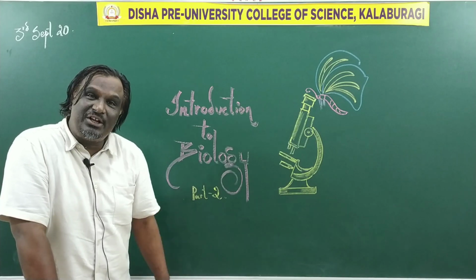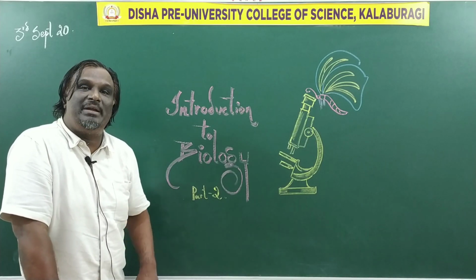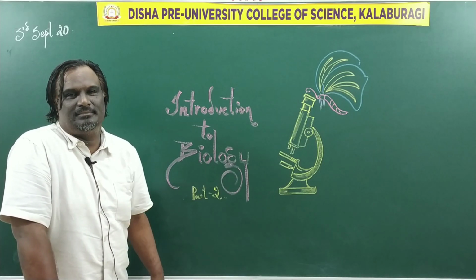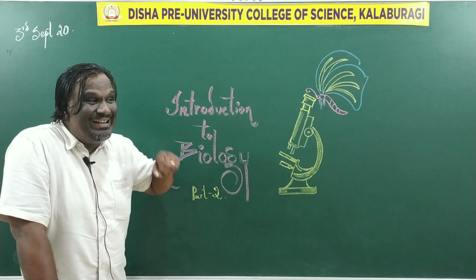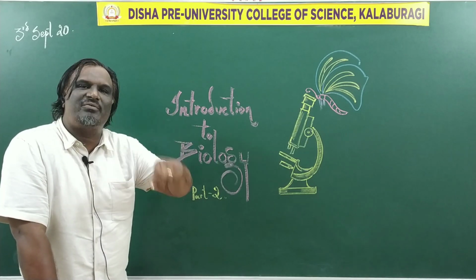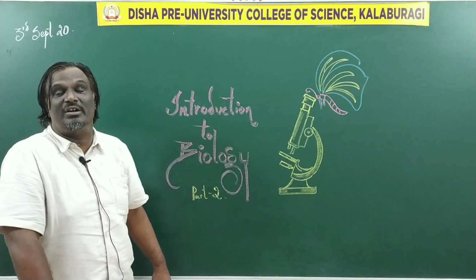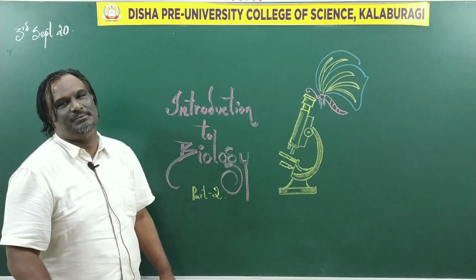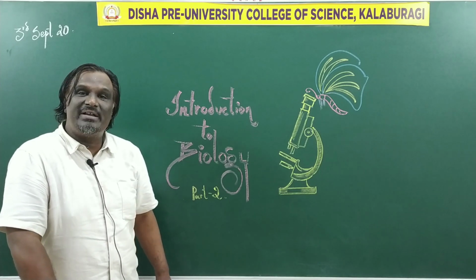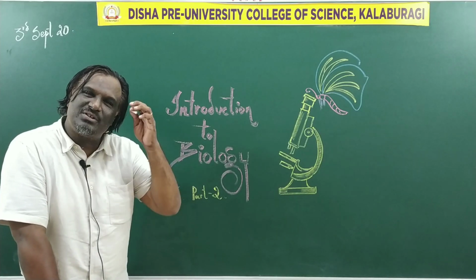If you study tissues of the plants, it will be histology. If you study the internal arrangement of tissues in the plant organs, it will be anatomy. Likewise, there are many sub-branches of biology.